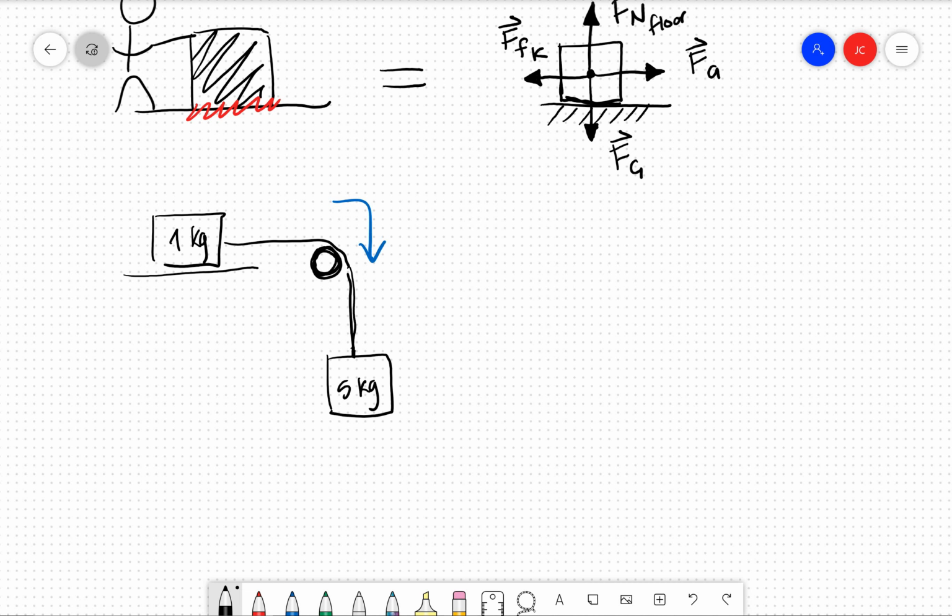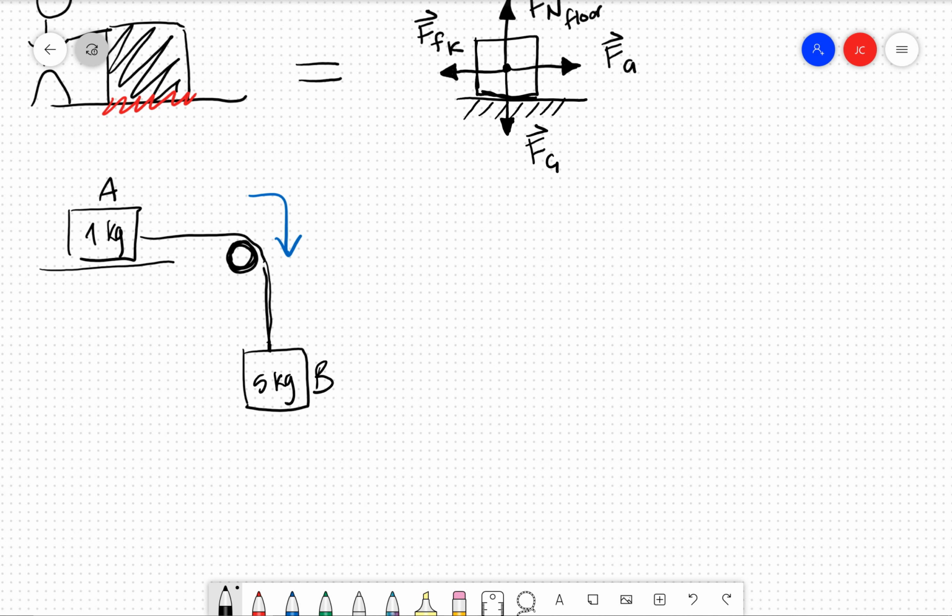Well, it depends on which body we want to diagram. Let's say we want to deal with this, which I'm going to label A, and we'll label this B. For the free body diagram of A, we start again with a box, and we look at the forces. Well, again, it's on the floor, so there's going to be a gravitational force down. There's always a gravitational force down, nearly always, and a normal force up from the floor, and I will label it floor just for the sake of being specific.